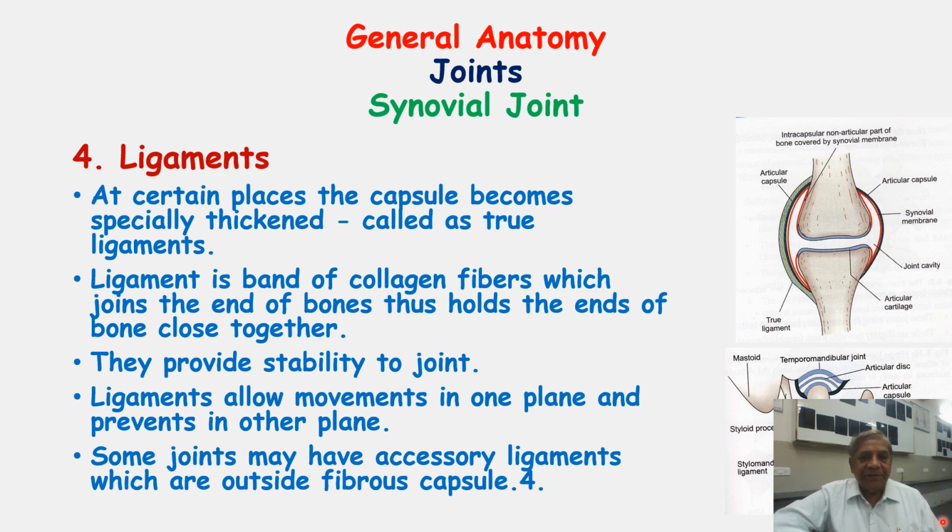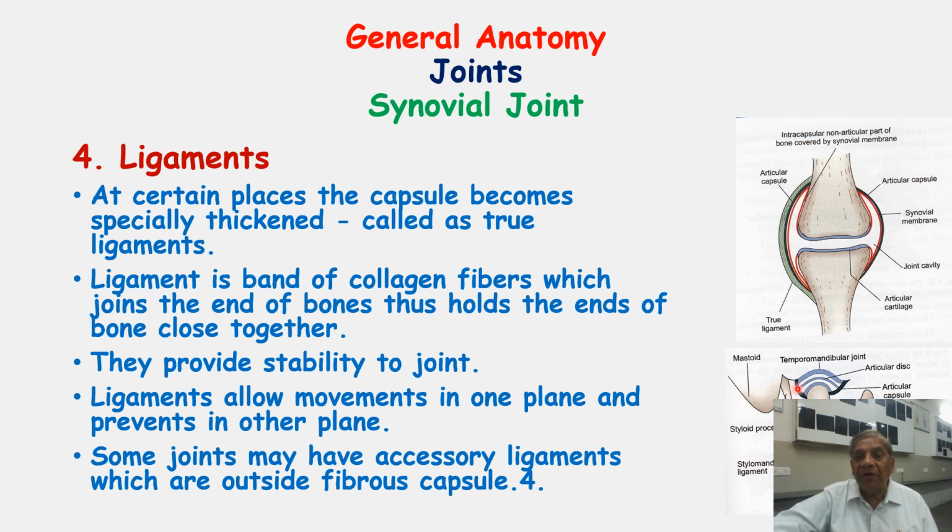Then some joints may have an accessory ligament. This was a true ligament fusing with the capsule, as shown in the first diagram. But this is another joint, the temporomandibular joint, or the joint of our lower jaw, and here the ligament is away from the joint. It extends from this bony process, the styloid process, right down to the lower end of the mandible.